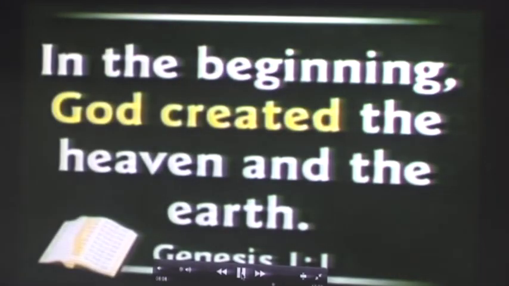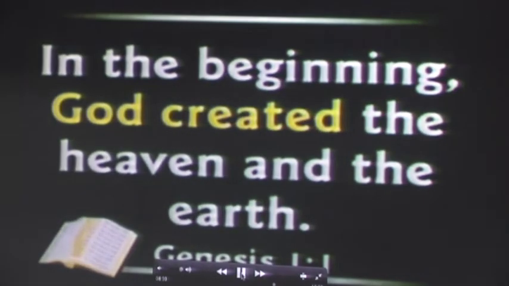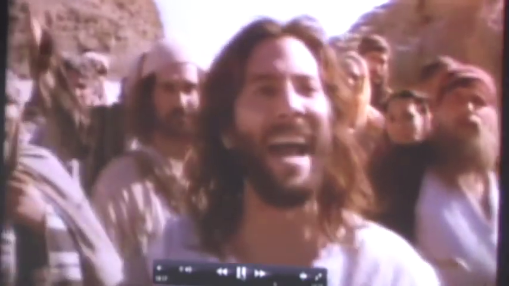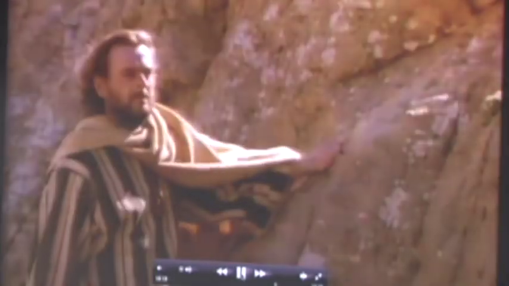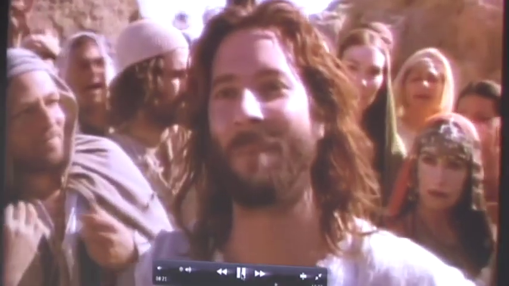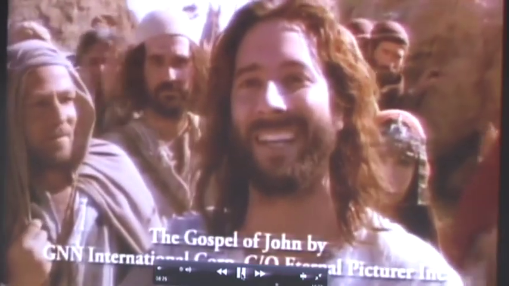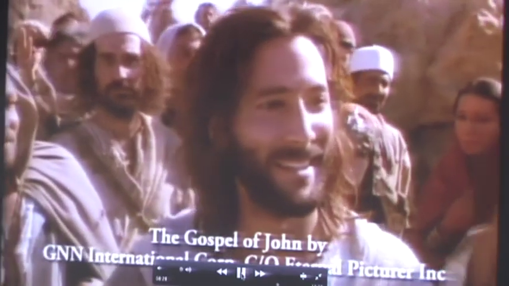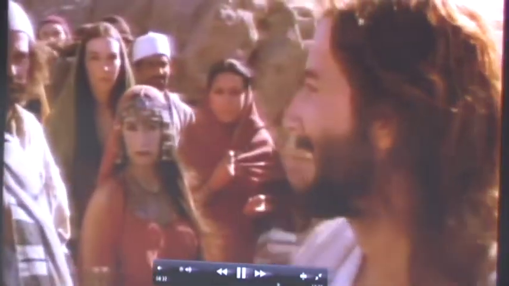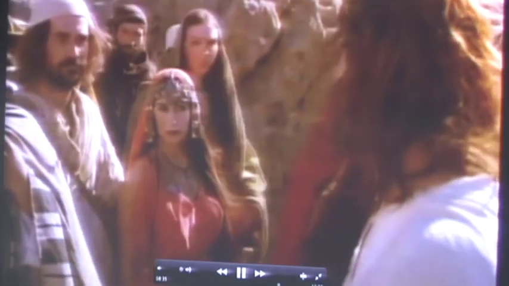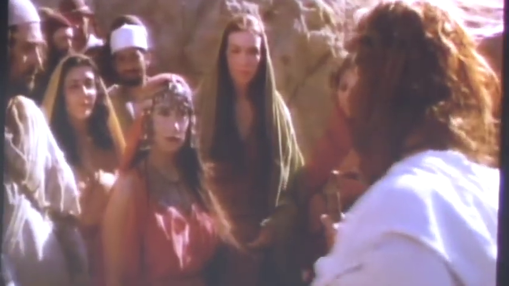It's real simple. The Bible says, in the beginning, God created the heaven and the earth. Give us this bread. I am the bread of life. Those who come to me will never be hungry. Those who believe in me will never be thirsty. Now I told you that you have seen me, but will not believe. Everyone whom my Father gives me will come to me.